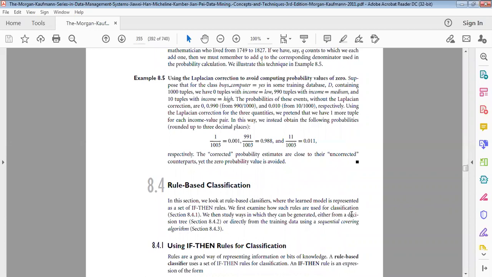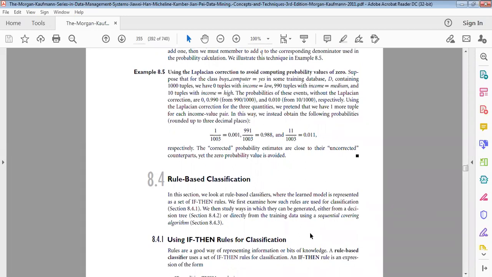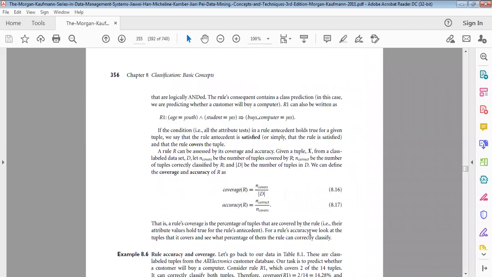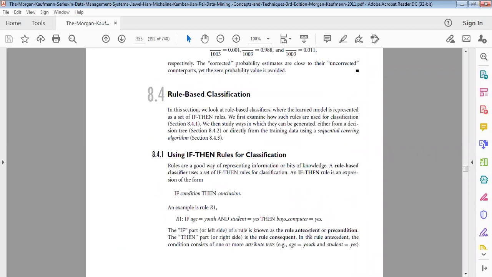Decision trees, training sets, sequential covering algorithms. These all you have to discuss with the rule-based classifications. So using if-then rules, classification rules are a good way of representing the information, with bits of knowledge.